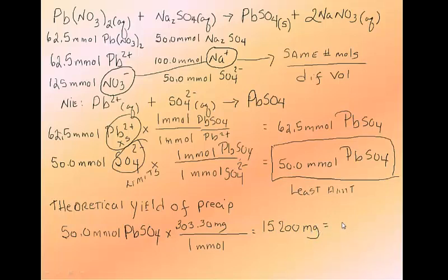Go ahead and divide that by 1,000 and it turns out to be 15.2 grams of precipitate.